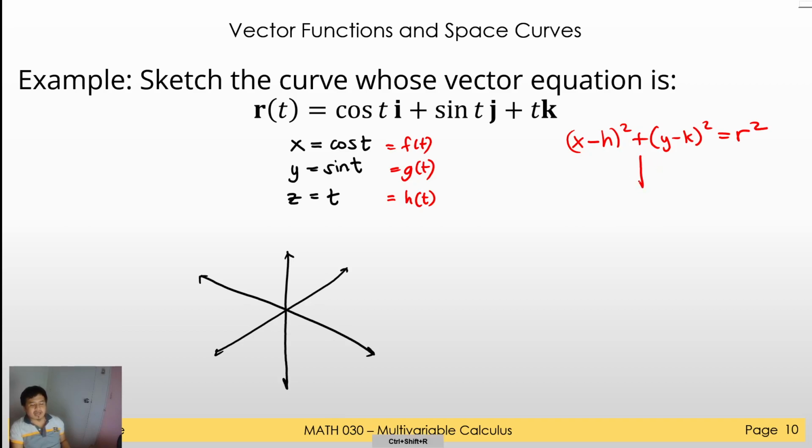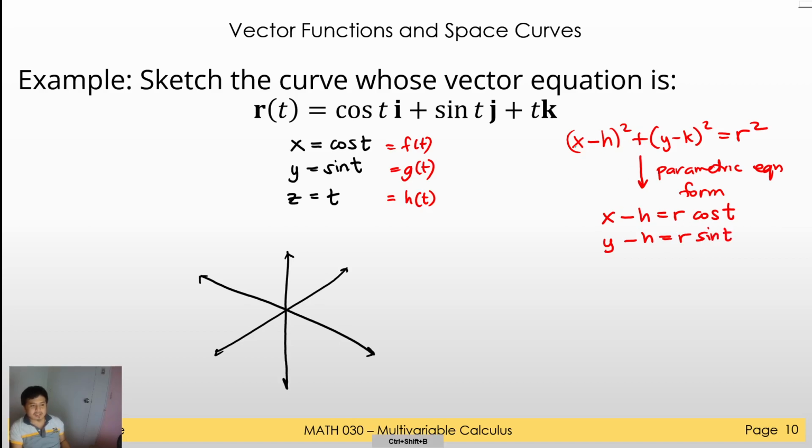We can write this into its parametric equation form: x minus h is equal to r cosine t, and y minus k is equal to r sine t.